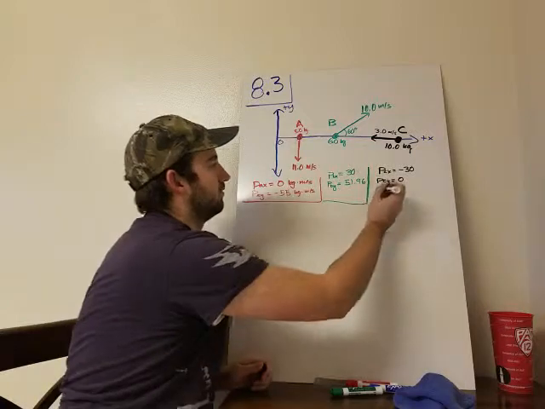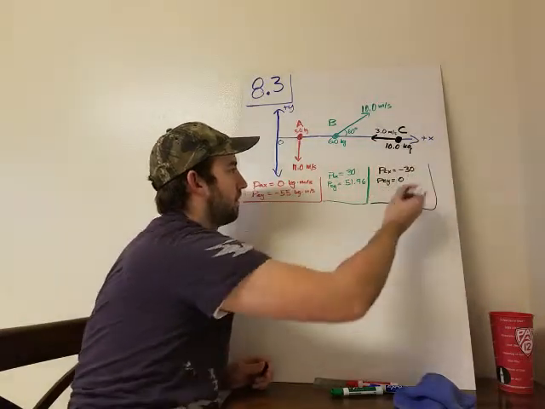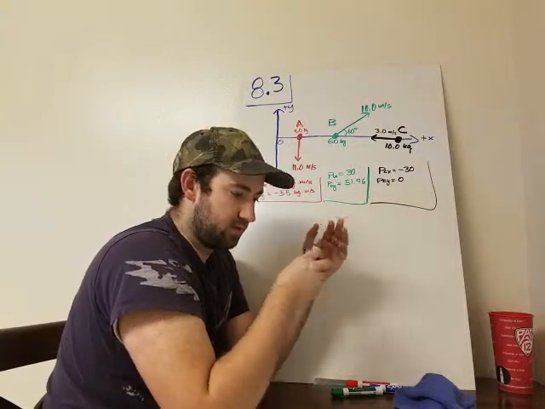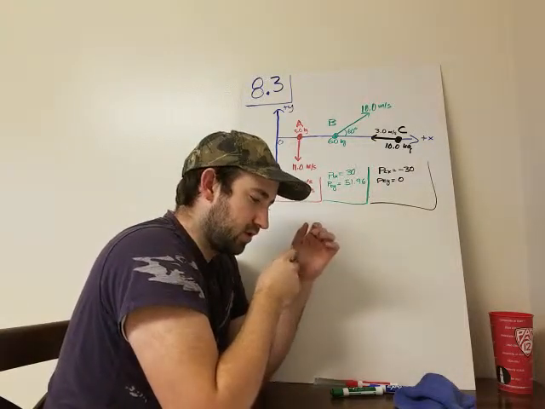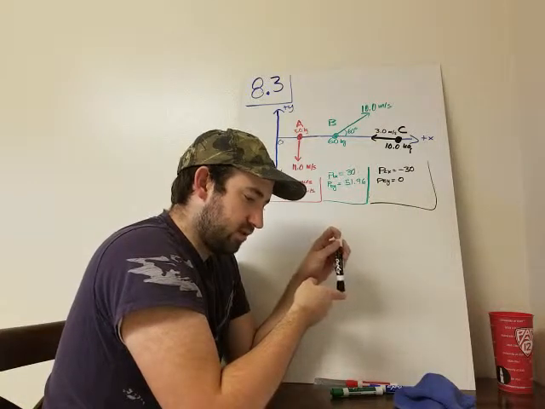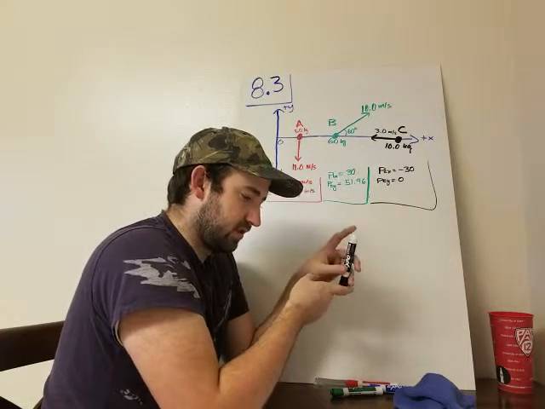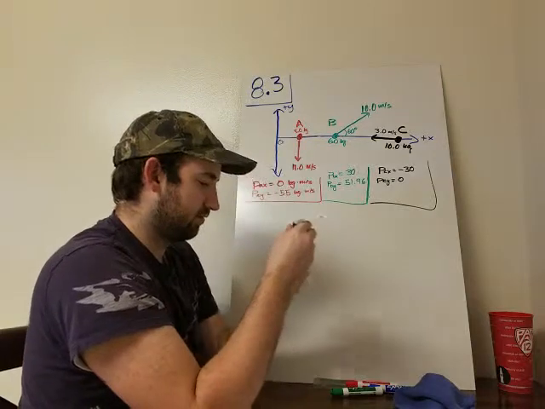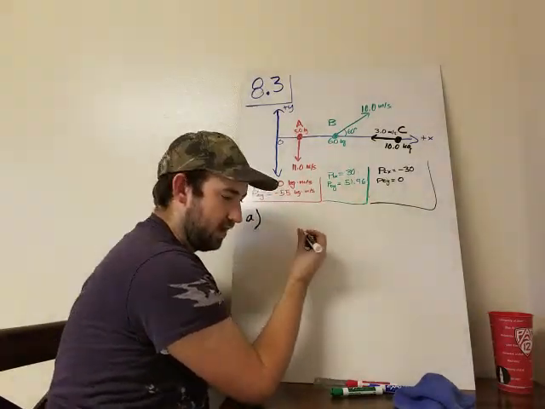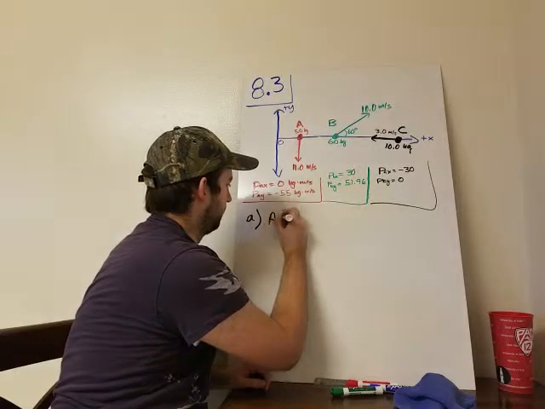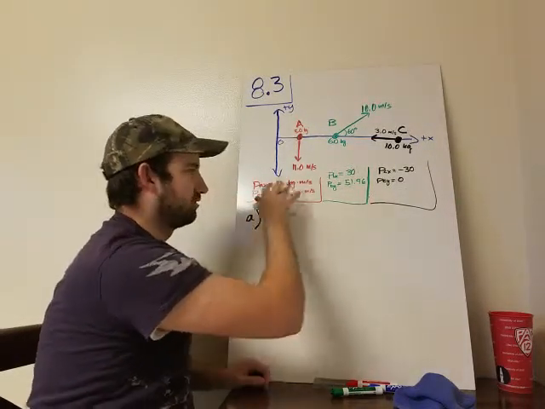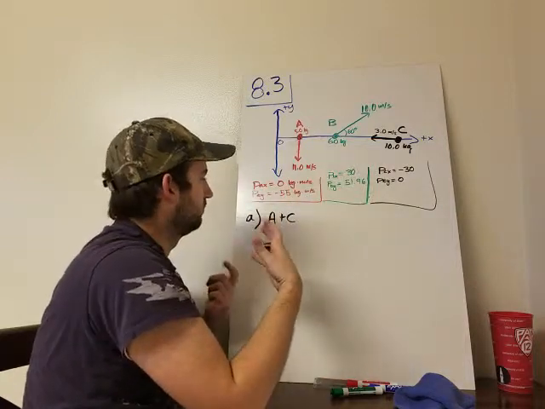So now that we know our different components, we can really get to the main part of the question, which said find the x and y components of the net momentum if we define the system to consist of A and C. Since we've already figured this out, this is easy.